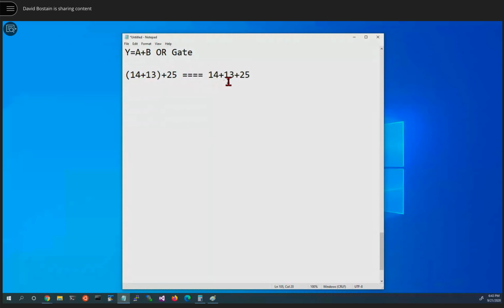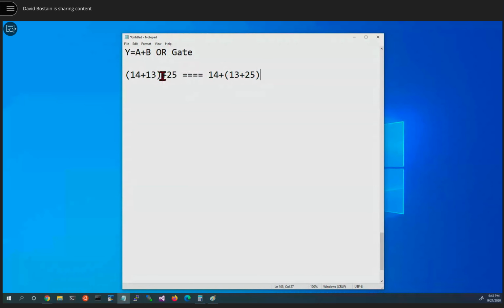Or I took the 14 and I added it to something that I had pre-added here. And for certain operators, we demonstrated that how we associate them doesn't matter. Again, we could do the 14 and the 25 first.